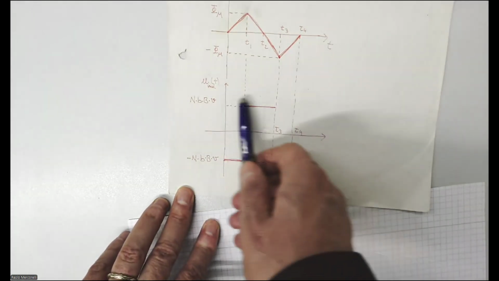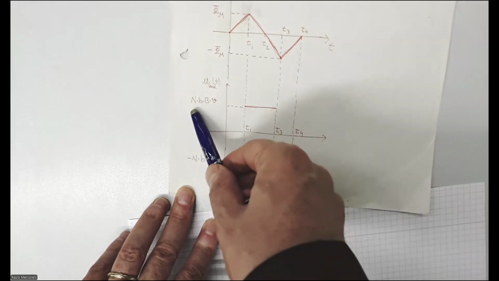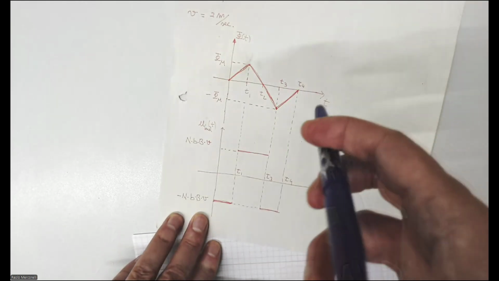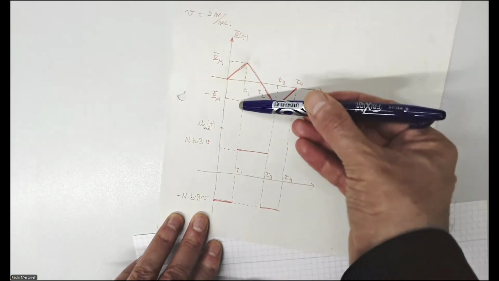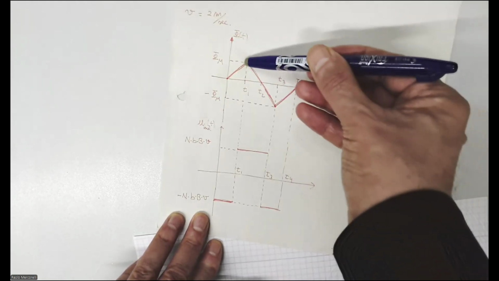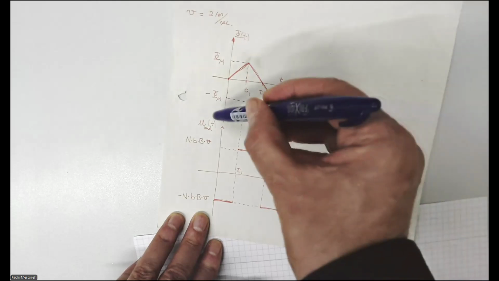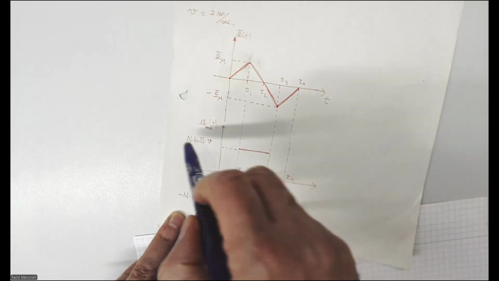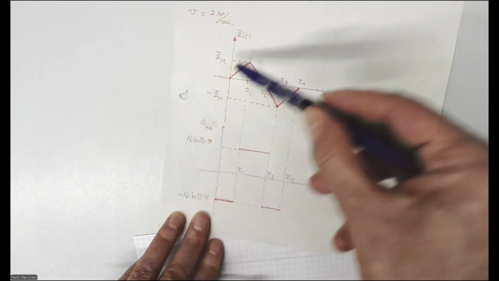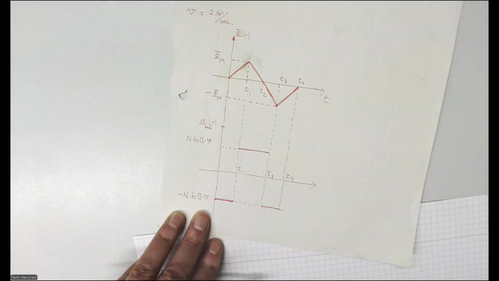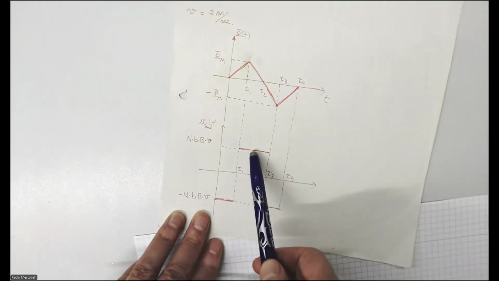Why is this the same value here? It's exactly the same with plus, because here it is easy. It is true that from here to here we have twice Vm. But we also have twice the time. This means it's exactly the same, but with plus, because here the slope is negative, but with the minus in Lenz's law it becomes positive.